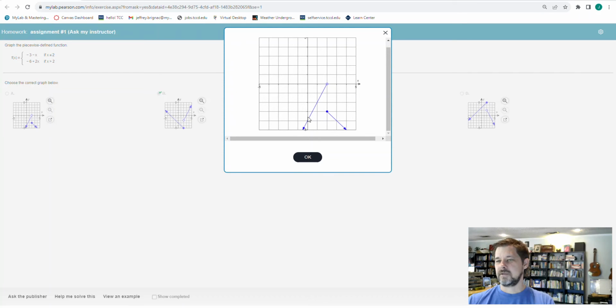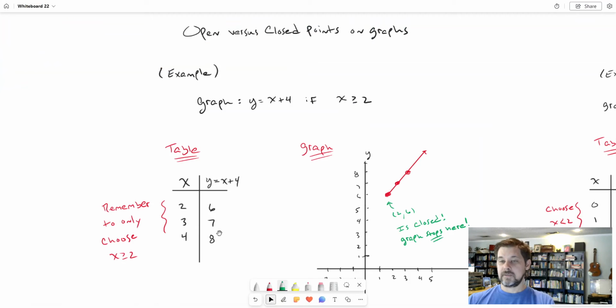So this line goes right up to that point, but that point is intentionally drawn as an open circle, and then this line goes right up to that point where that point is intentionally drawn as a closed circle. What's the difference? Okay, so let's talk about that.